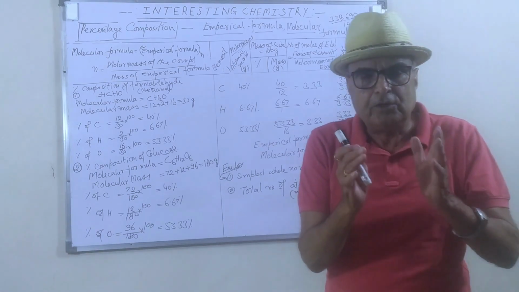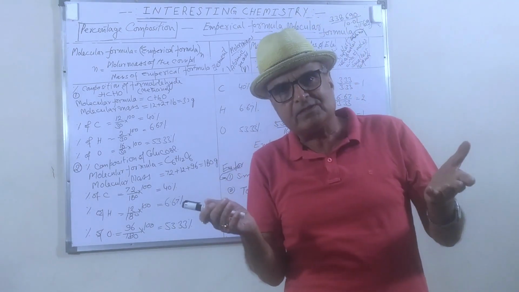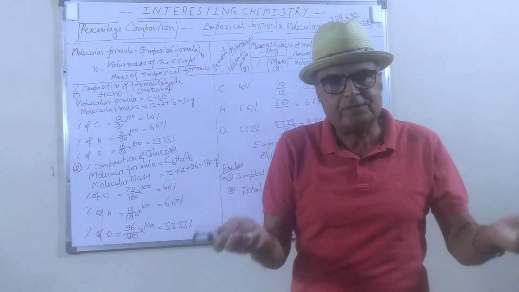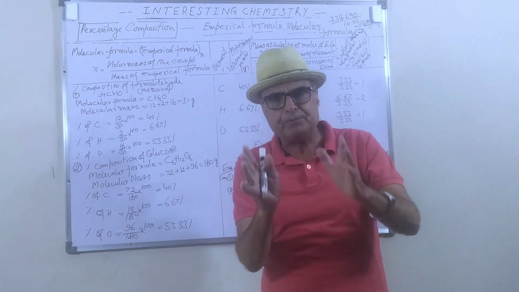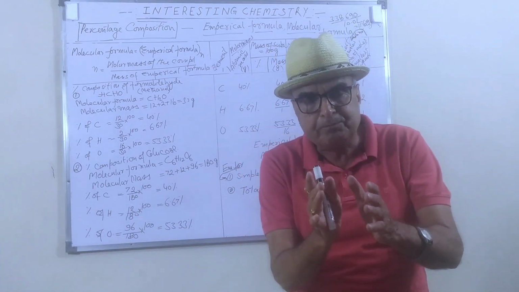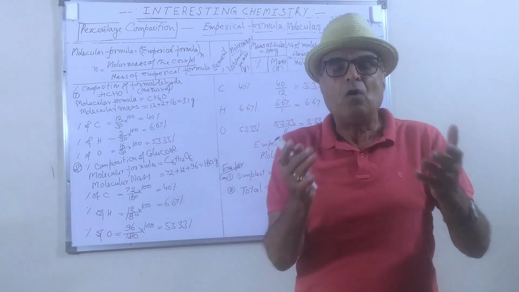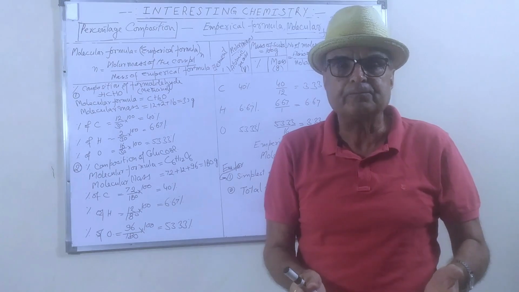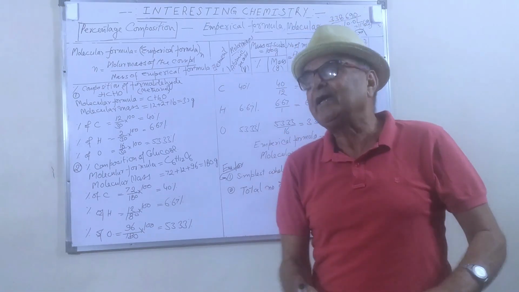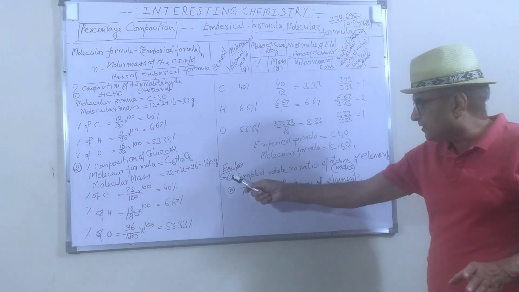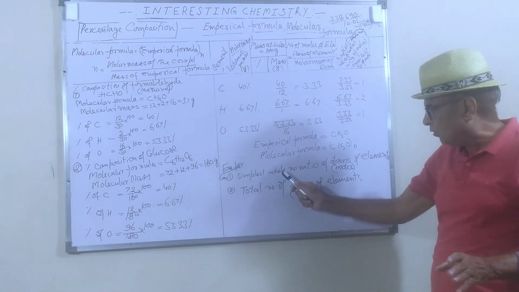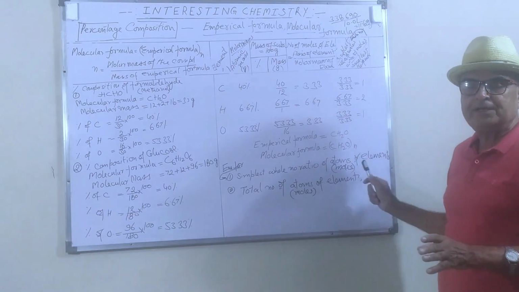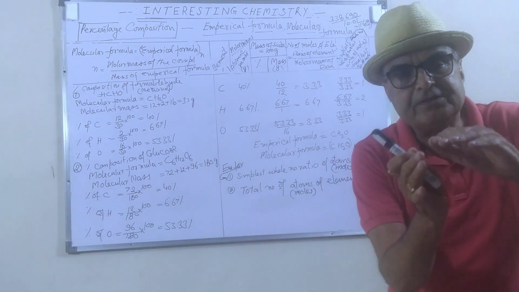So if you are asked to define the empirical formula, you will say the empirical formula represents the simplest whole number ratio of atoms, of elements present in the compound.